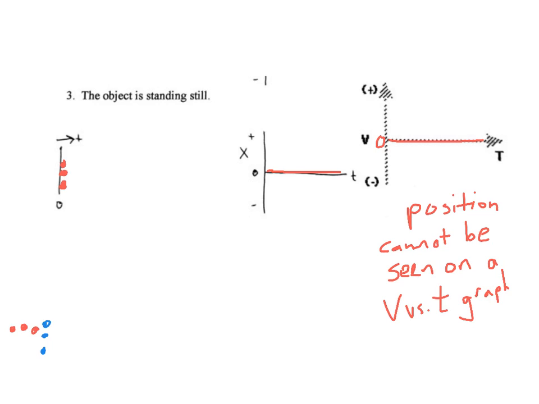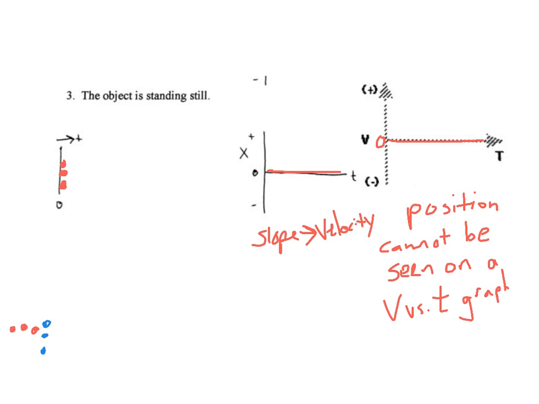Now, also, something else you should probably add in your comp book. The slope of this graph, the xt, that tells us what? I hope you're thinking the word velocity. The velocity is the slope of that graph.